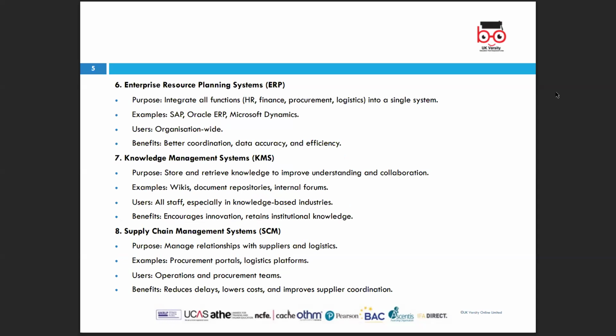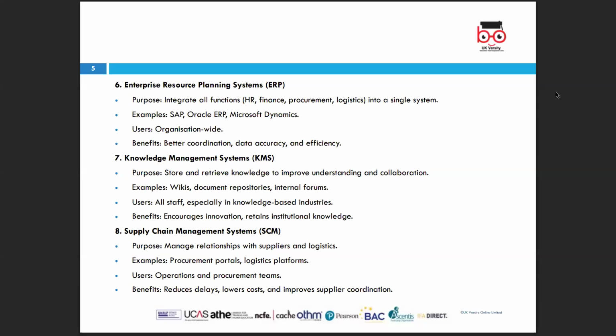Also, we have enterprise resource planning systems. The purpose of using them is to integrate all functions such as HR, finance, procurement, and logistics into one single system.